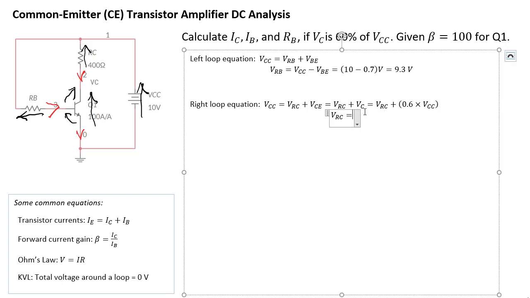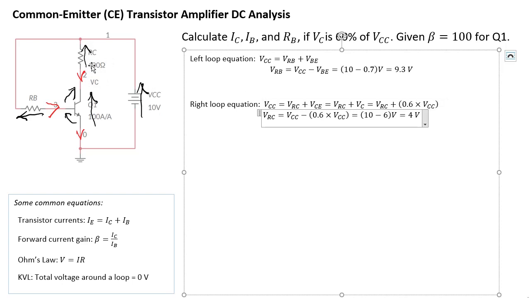VRC is equal to VCC minus 0.6 times VCC, which is equal to 10 minus 6. So therefore it's 4 volts. So we know that VRC is 4 volts.